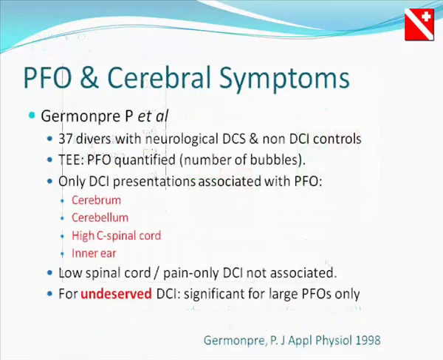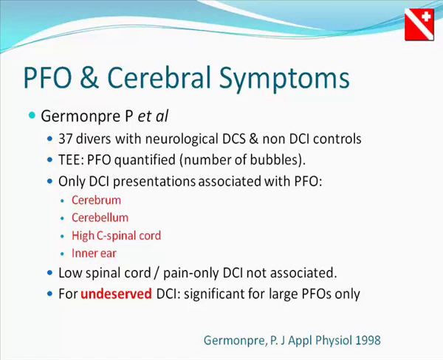And perhaps one of the most useful studies by Peter Germonpré was to say that the type of DCI matters. In other words, the type of DCI you get with a PFO tends to be brain, cerebellum, high spinal or inner ear.